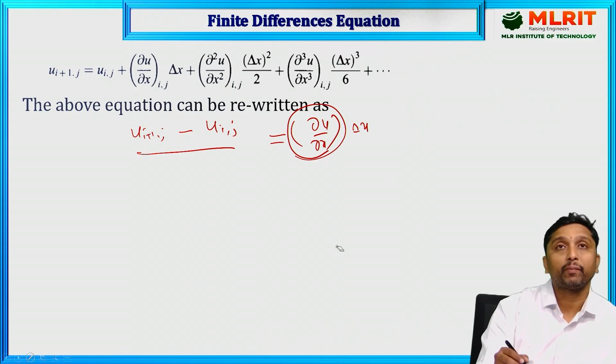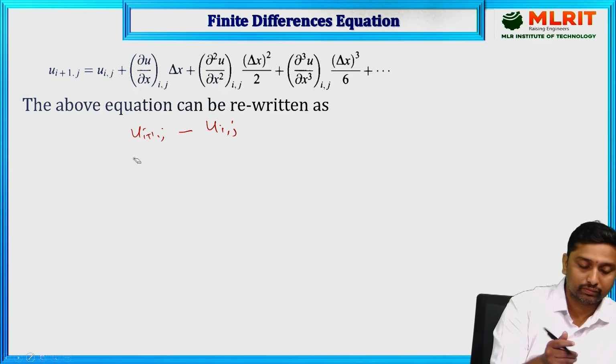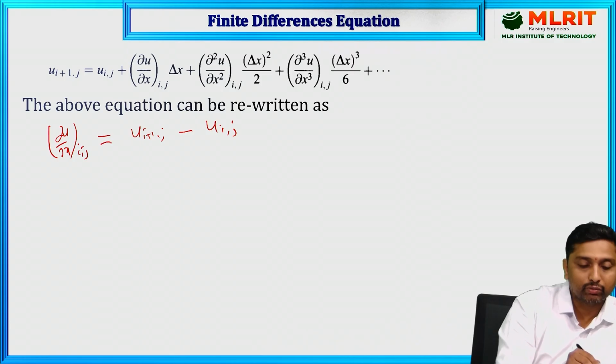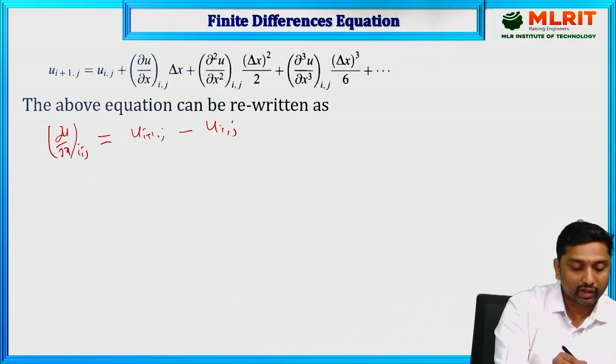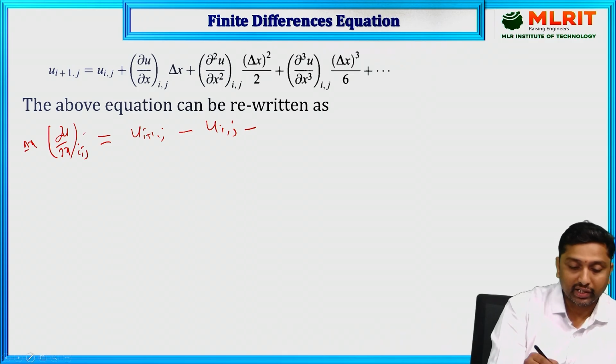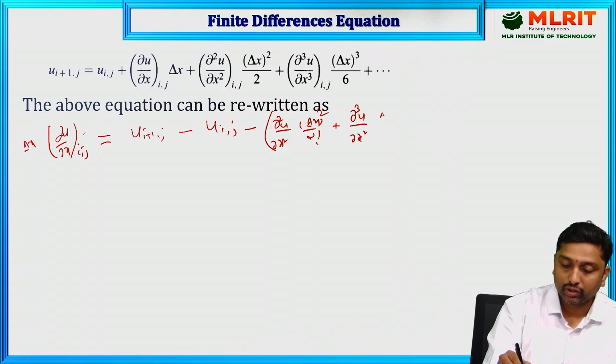So from dou u by dou x into delta x, I can write dou u by dou x at I comma j equals u I plus 1 comma j minus u I comma j, divided by delta x, minus dou square u by dou x square into delta x square by 2 factorial, plus dou cube u by dou x cube into delta x cube by 3 factorial, and so on.